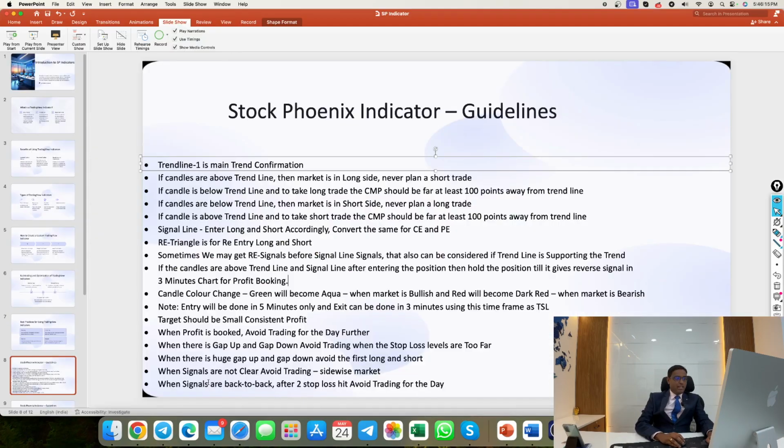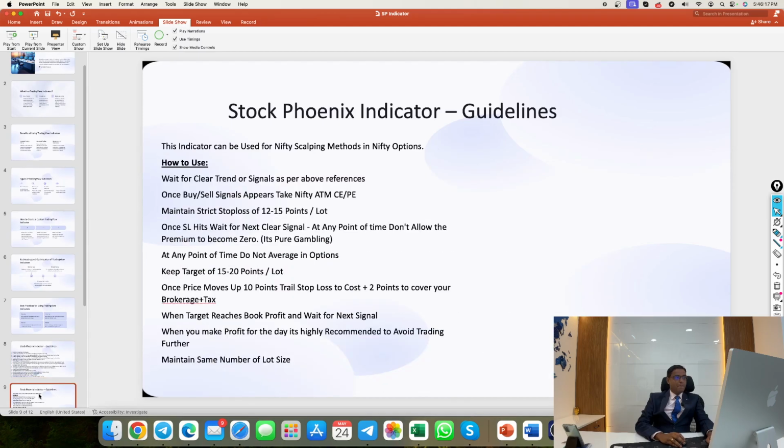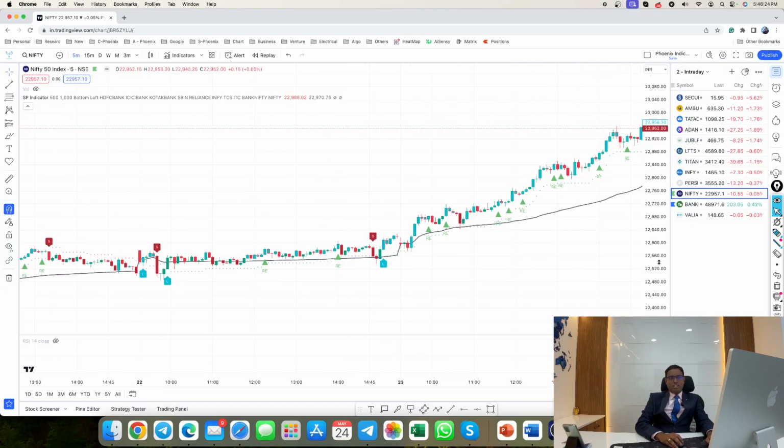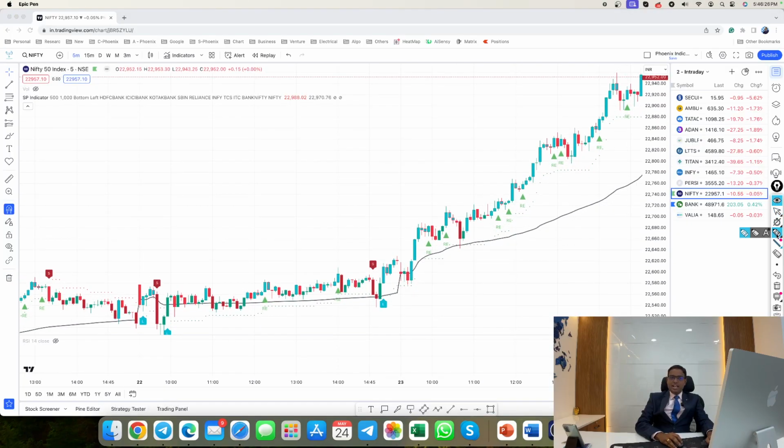Okay, next point. Now wait for the clear signal as per the above references. Sometimes you may see a scenario where the re-entry appears and then disappears. When the candle is going on a good green, it says re-entry after hitting this low.